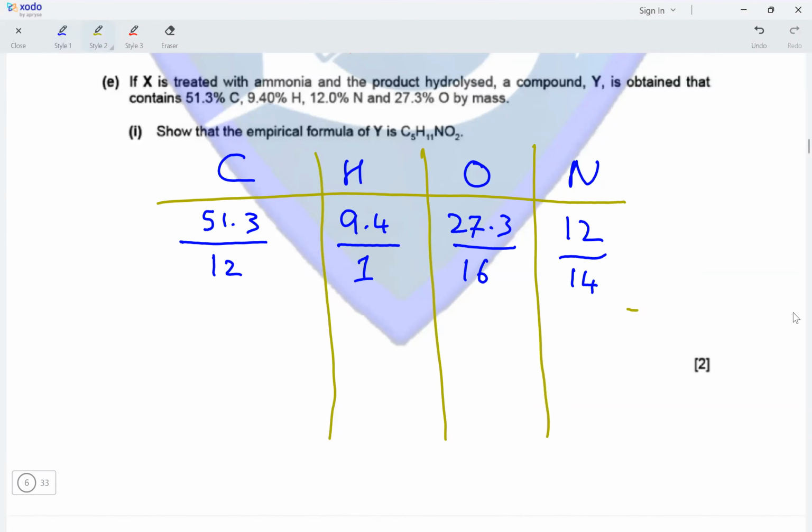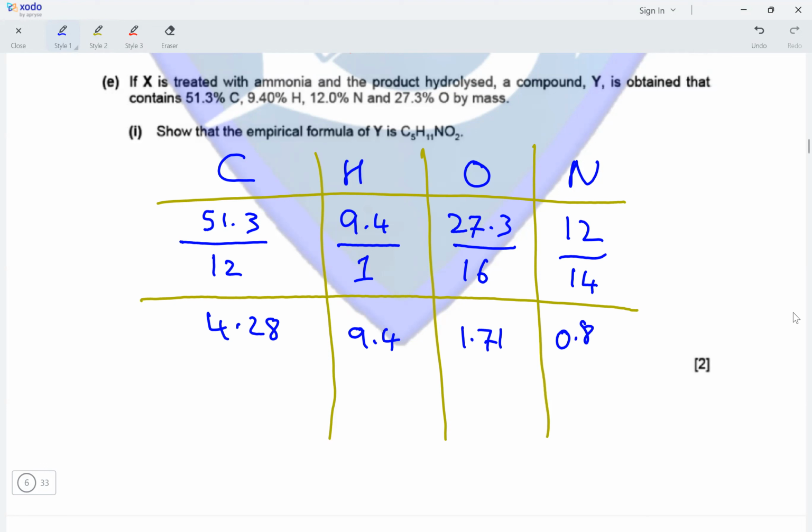This would give us a ratio of carbon as 4.28. For hydrogen, it would be 9.4. For oxygen, it would be 1.71. And for nitrogen, it would be 0.857. The next step we need to do is divide each of these by the smallest value among them, which is 0.857.